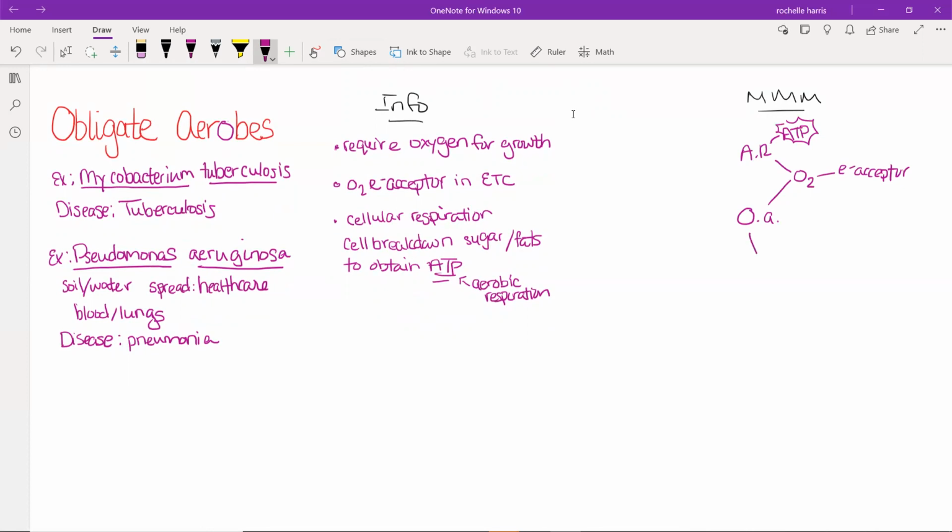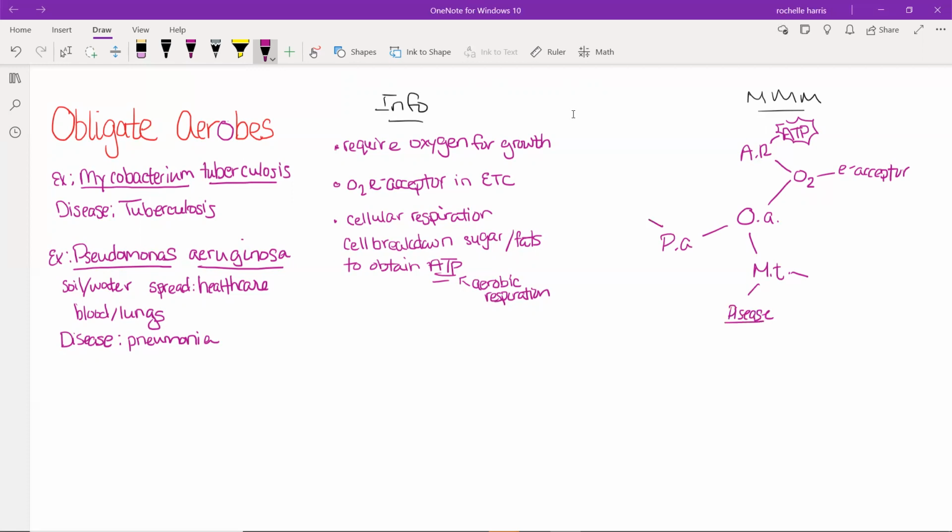Another branch is listing the microbes associated with this, and examples you can list as well. And then you can list how they affect and where they're found. With Mycobacterium tuberculosis, we have a disease that affects humans.